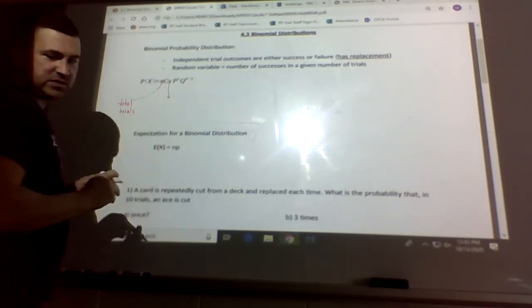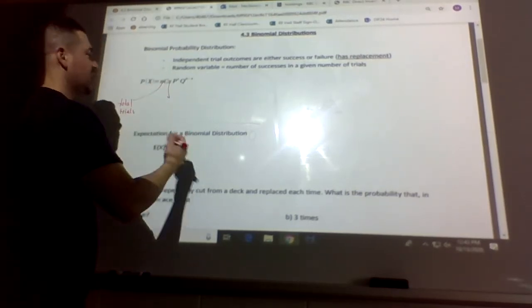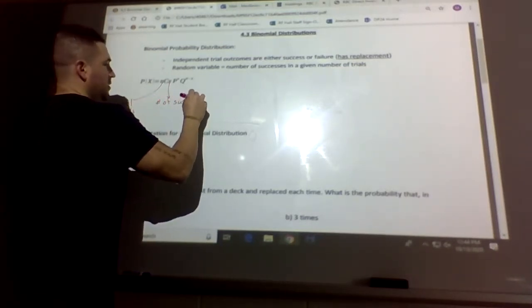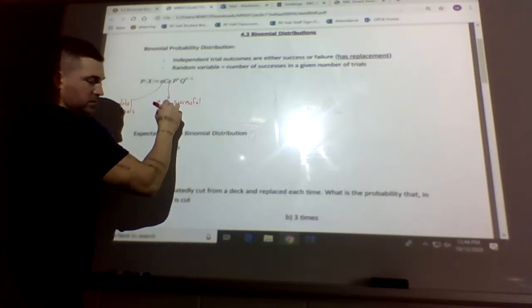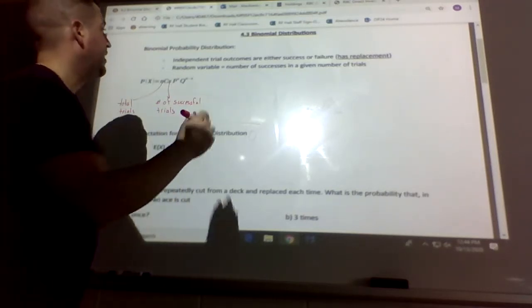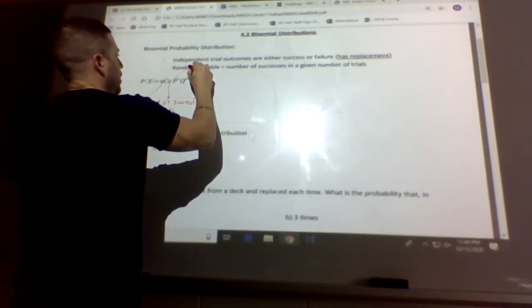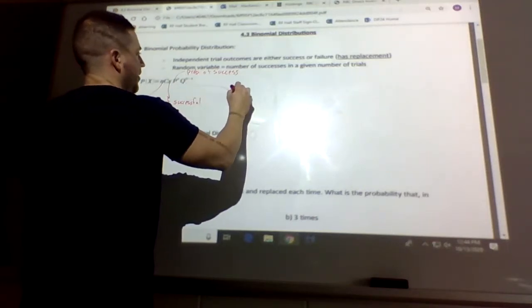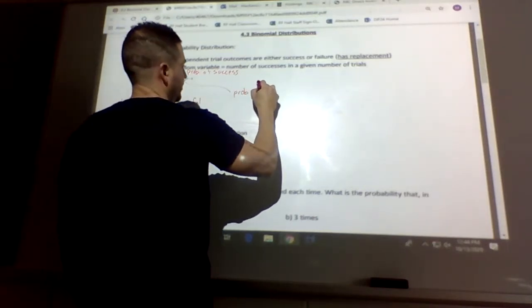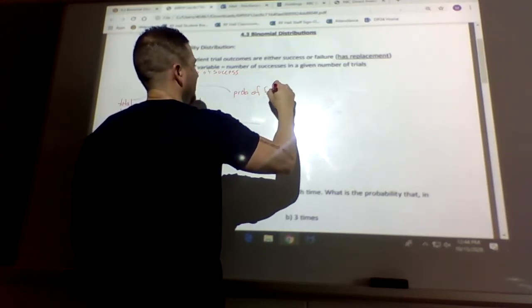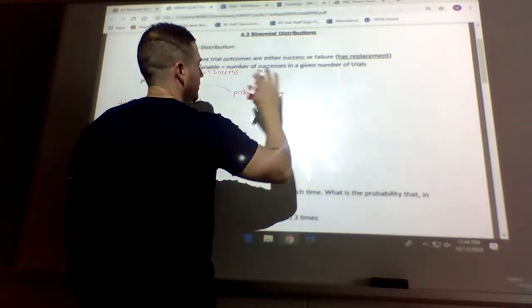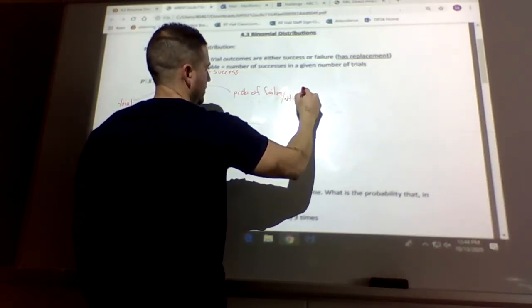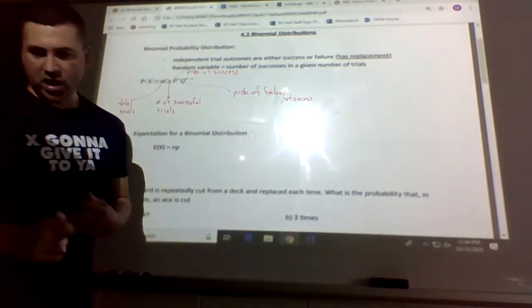Then we have x, which is our number of successful trials. p is the probability of success. And q is the probability of failure, but I don't like the word failure. More of not success. So what we're not looking at.